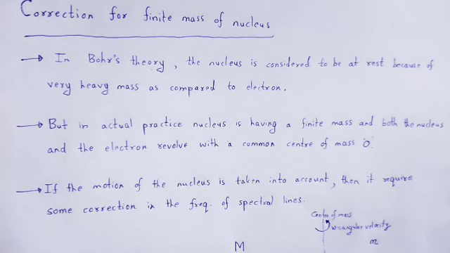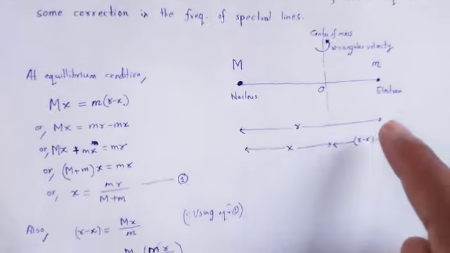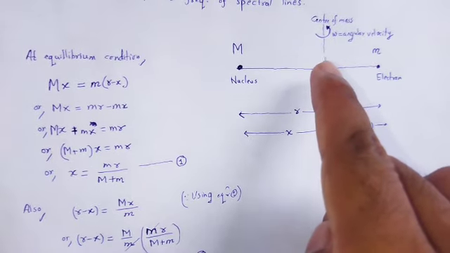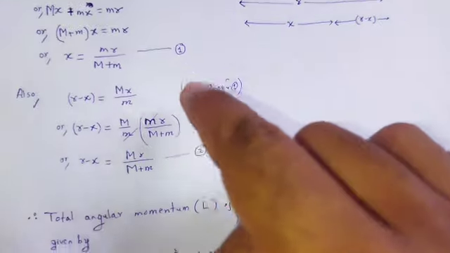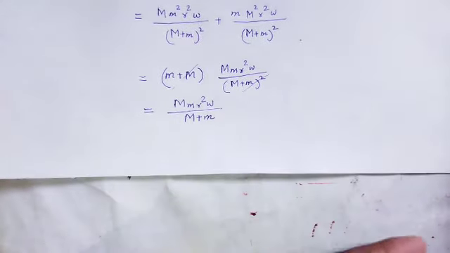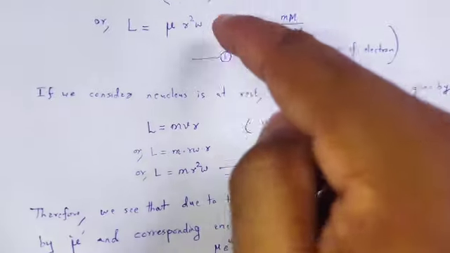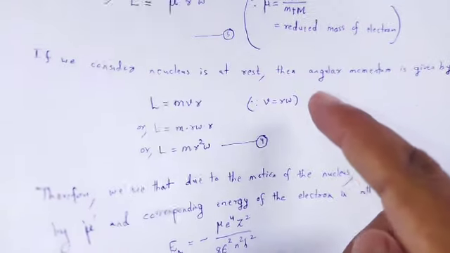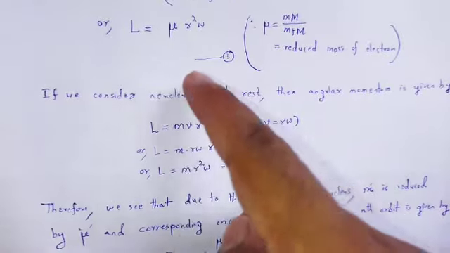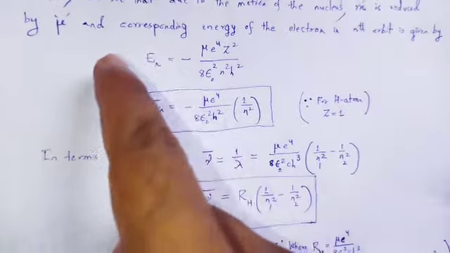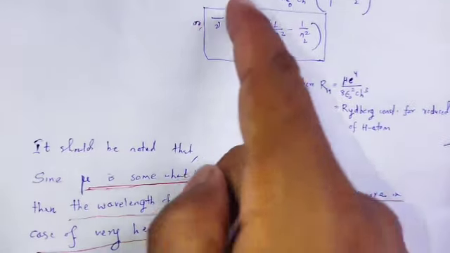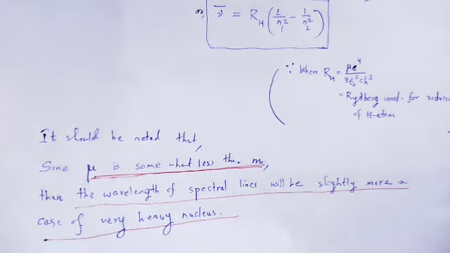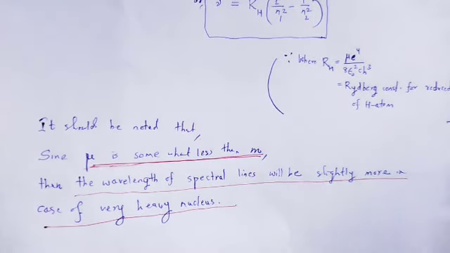In reality the mass of the nucleus is finite, and we showcase it by taking the idea of reduced mass in case of two body problem. Angular momentum L, expression for energy now changed, and expression for wavelength also changed. Nu bar is the wave number.